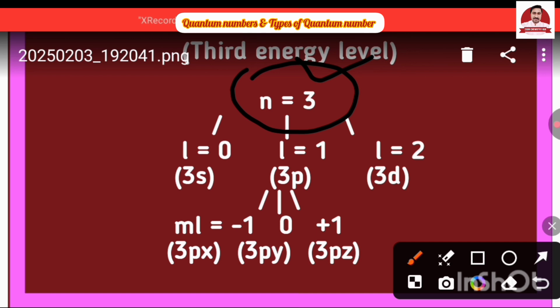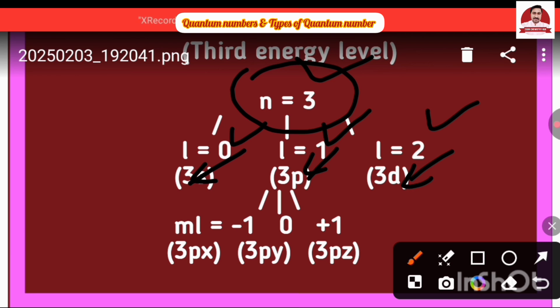We have already discussed that when the value of n is equal to 3, then there are 3 values of L. That is, when n is equal to 3, the L value is 0, 1 and 2. And 0 means s orbital, 1 means p orbital and 2 means d orbital.